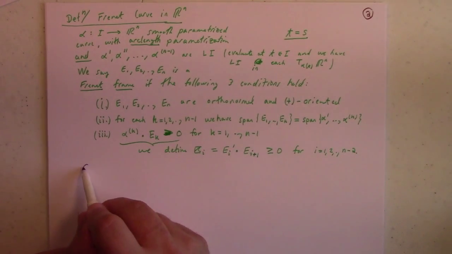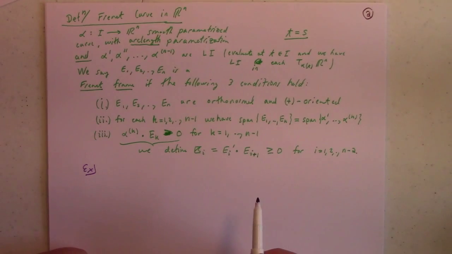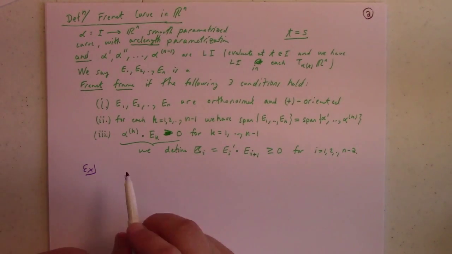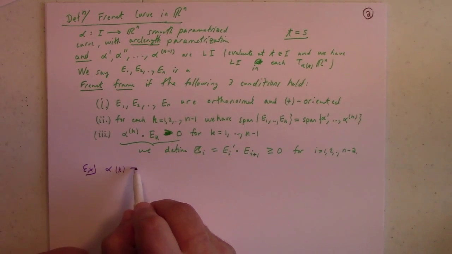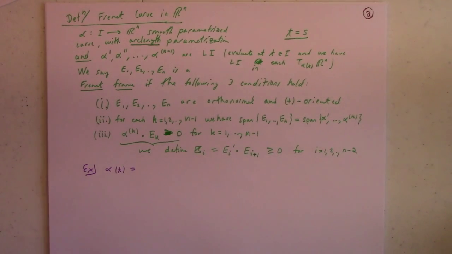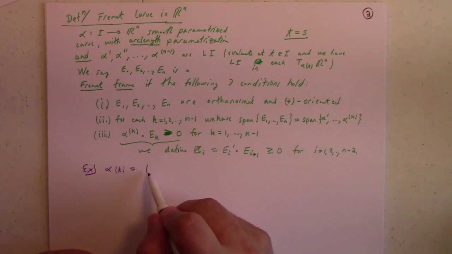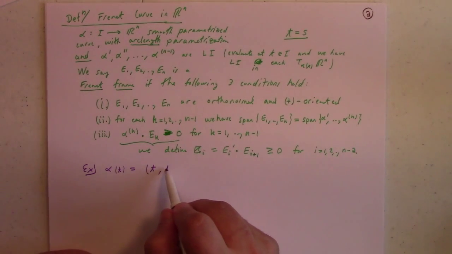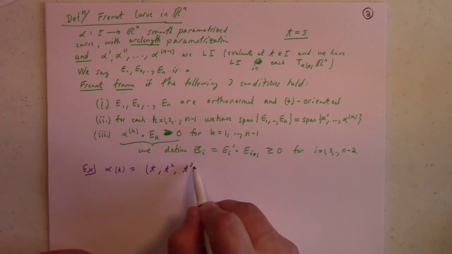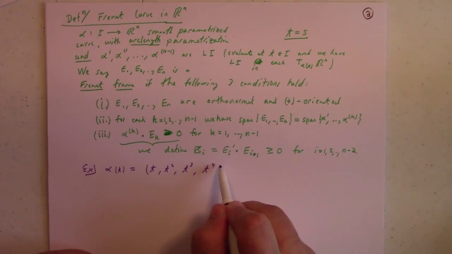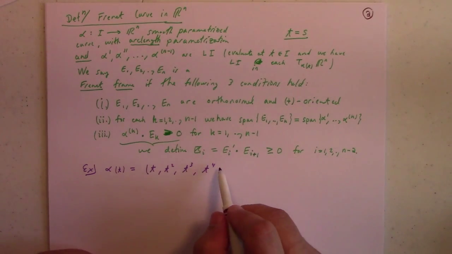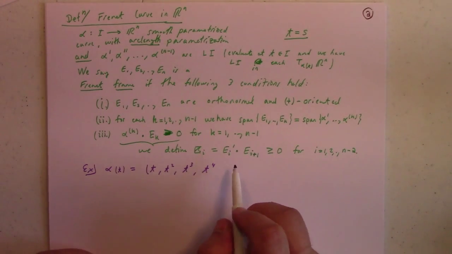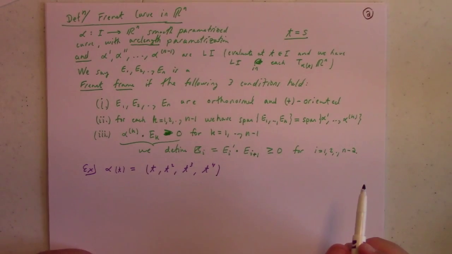Just one more thing. So just to give an example, I should give at least one example in here. So alpha of t. I guess if I was to start with the twisted quartic, so something like, here's an R4, t squared, t cubed, t to the 4th. I'm pretty sure, I am not 100% sure, this is a Frenet curve.